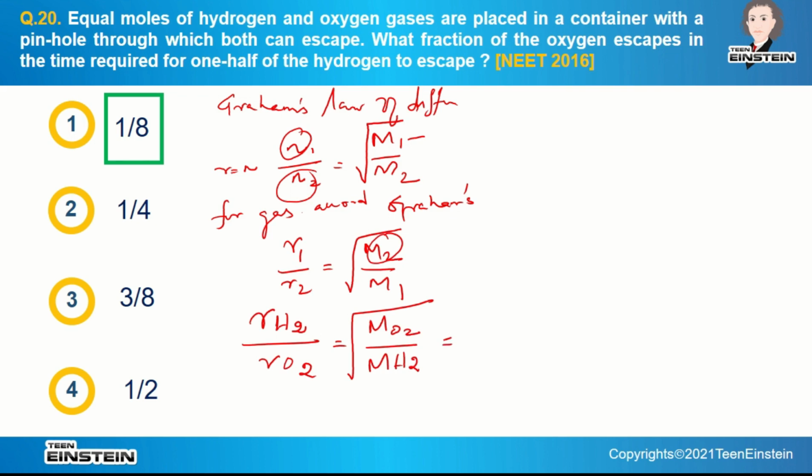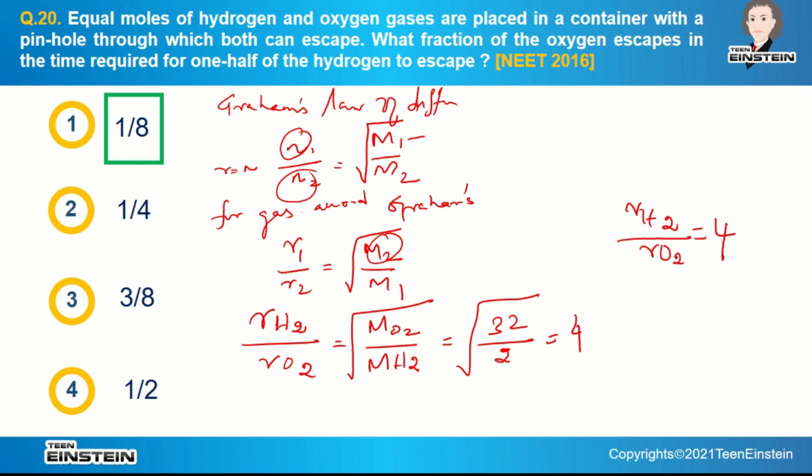So we know the molar mass of oxygen is 32 and of hydrogen is 2. So the root of 32 by 2 is equal to 4. So the rate of diffusion of hydrogen divided by the rate of diffusion of oxygen is equal to 4.